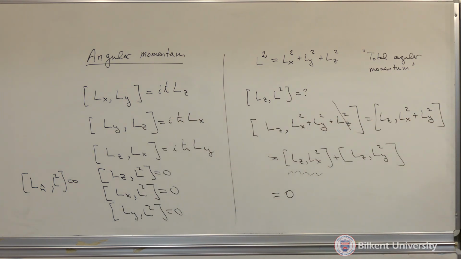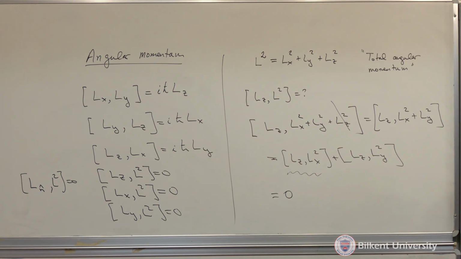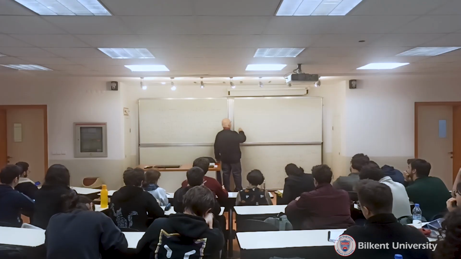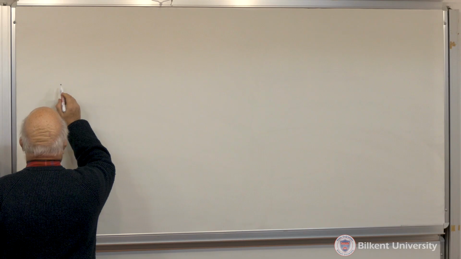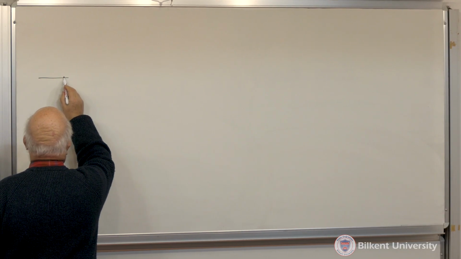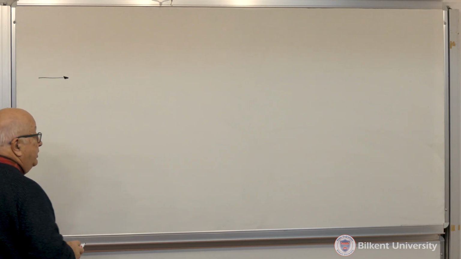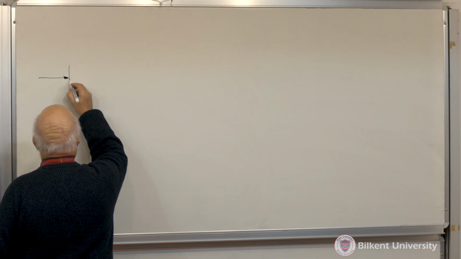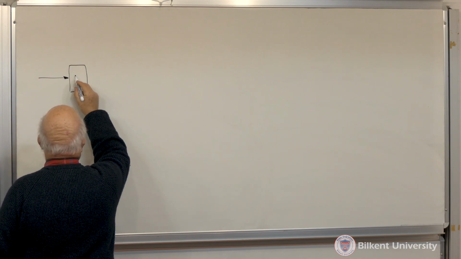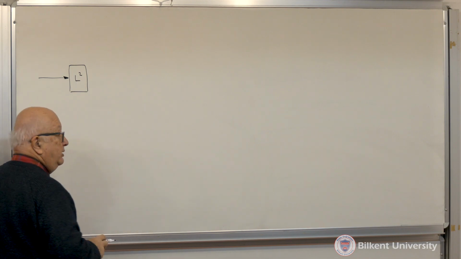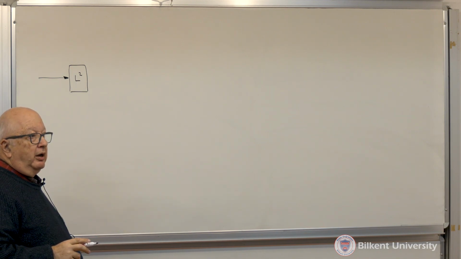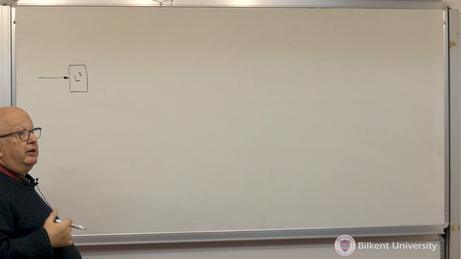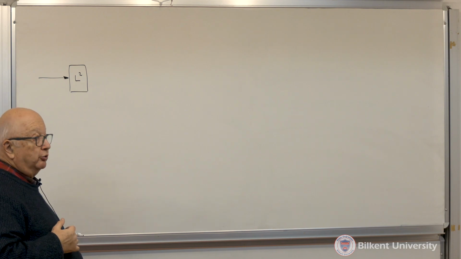So let's in fact make a diagram. A picture is supposed to be worth 1,000 words, right? So that means that if I have an object, an atom perhaps, and I want to measure the total angular momentum, L squared, we are going to get a result out of this.